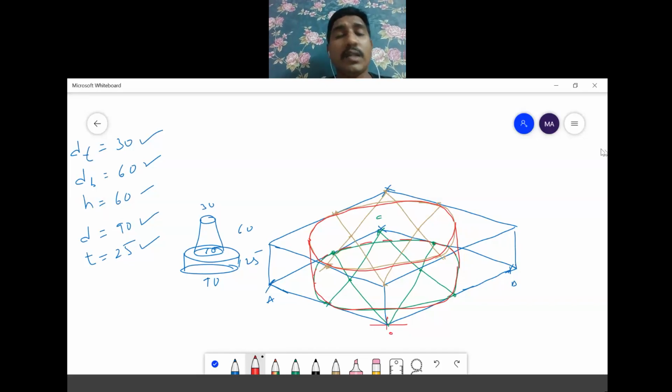After drawing this one, what he is saying is that a frustum of a cone with a bottom diameter of 60 mm and a top diameter of 30 mm is resting on the cylinder.